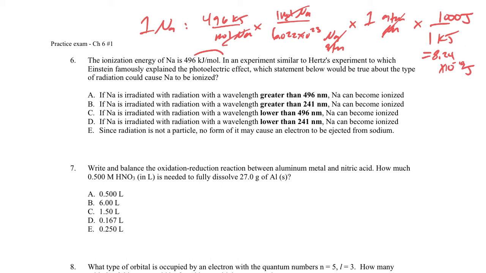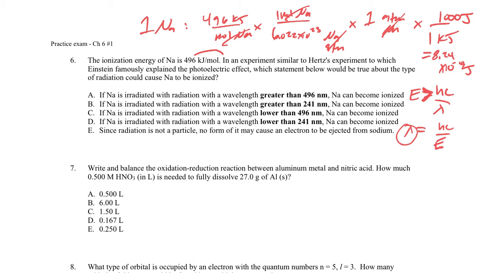And so then this energy here relates to the energy of a photon by h nu or hc divided by lambda. So if we want the wavelength associated with this transition, we'll take hc divided by that energy. We want our photon energy to contain at least this much energy. So we want our energy to be greater than hc divided by lambda.